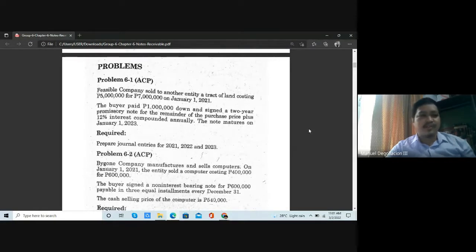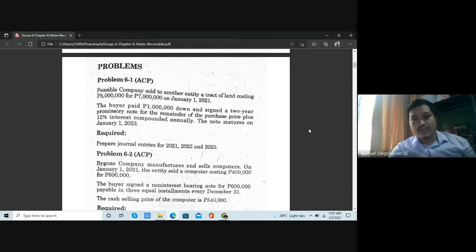Please take note of the distinction: in an interest-bearing note, the face value is considered to be principal. The whole face value will represent the principal only. Whereas the face value of your non-interest-bearing note will be split between the principal and the implied interest.